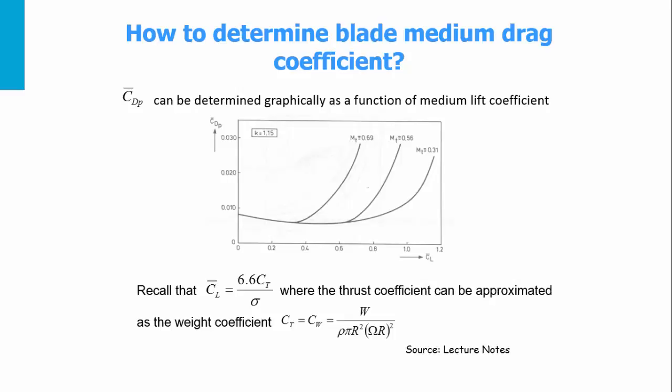Knowing the tip Mach number and the value of K, which gives us the non-uniformity of the induced velocity on the blade, it will result in the mean value of CDP, the drag coefficient.